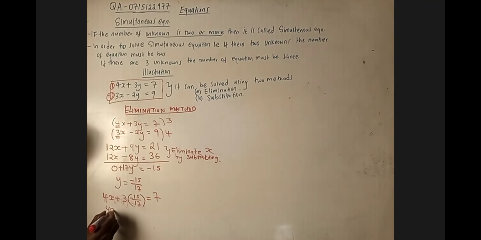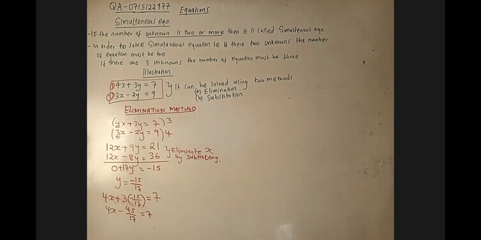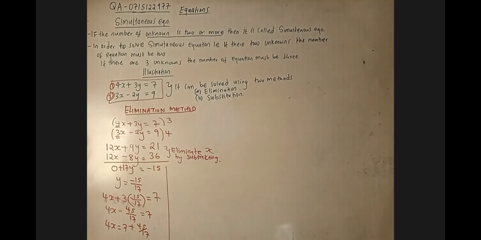Itakuwa ni 4x plus, so 15 times 3 ni minus 45. So itakuwa ni minus 45 over 17 equals to 7. Tutaweka side nyingine, 4x itakuwa ni 7 plus 45 over 17. That one correct?